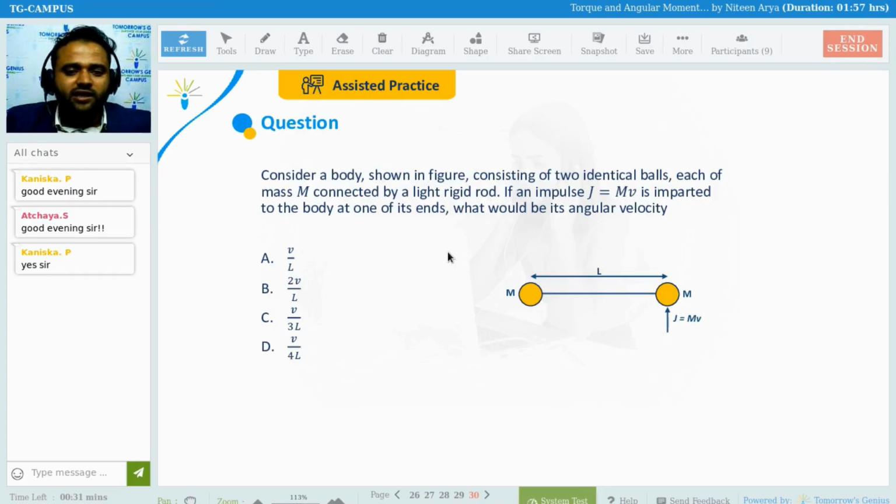Initial angular momentum of the system about O is linear momentum into the perpendicular distance, and then final angular momentum of the system about O is I1 omega, I2 omega. And then you need to tell me omega.